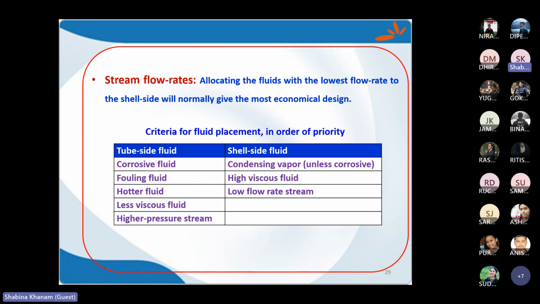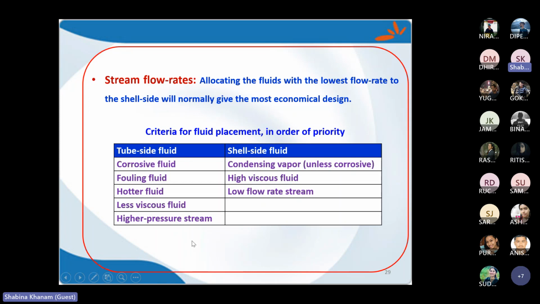Next I am having the fouling fluids. If you are not aware of the corrosive tendency of the fluid, but you are aware that the fouling tendency is more, how can you consider that? Based on the dirt factor table, you can identify which fluid is having more dirt factor. That should be allocated to tube side, and the other fluid should be allocated to shell side, right?